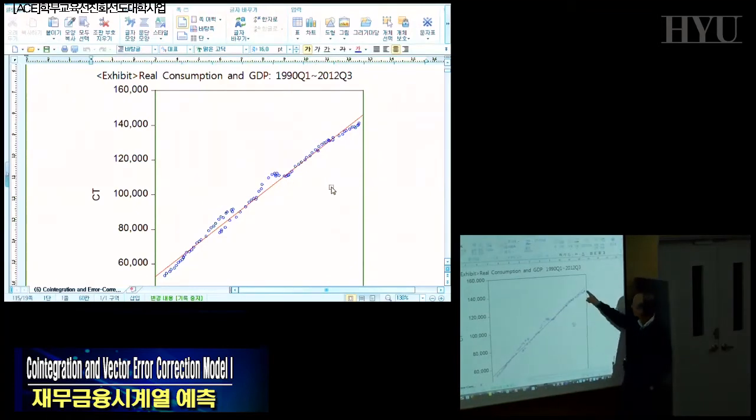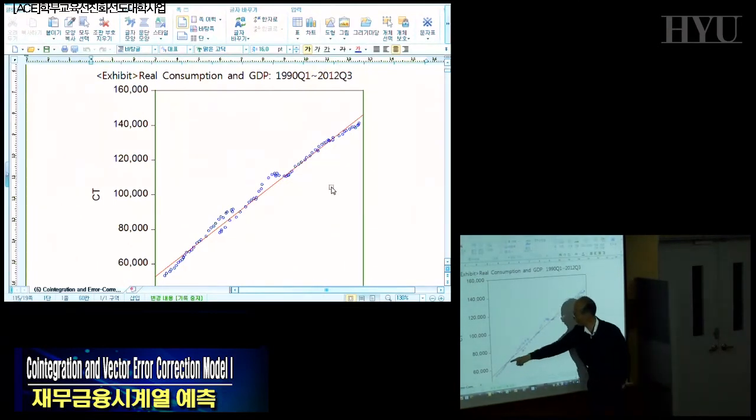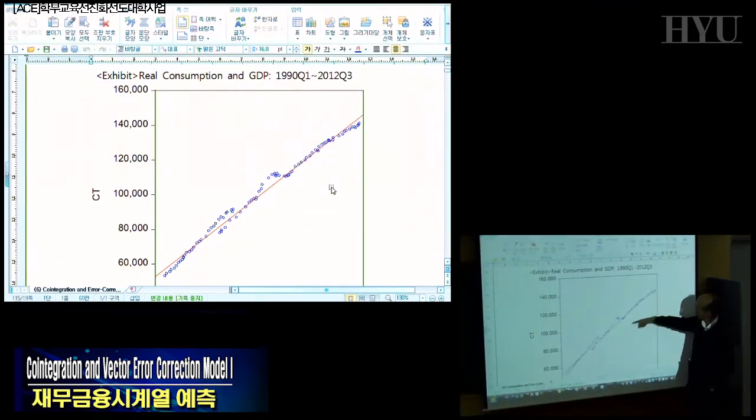And so if you are interested in projecting, let's say, next quarter for this and consumption, then you are actually looking at this change, right? But actually, there is a kind of serial correlation, it appears, over time. But also there is a tendency that it doesn't deviate that far.